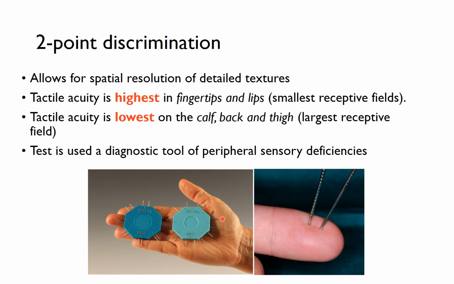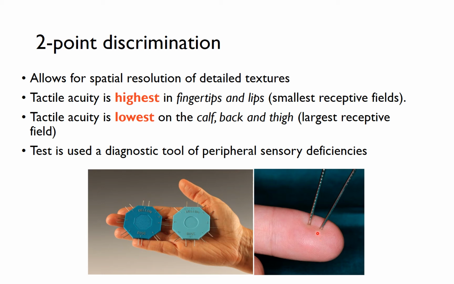You ask a patient or the test subject to close their eyes, and then you touch the two prongs, spaced a given number of millimeters apart, at the same time on the surface of the skin, such as what is shown in this right image here. And you ask the person, do you feel one prong or two prongs, one point or two points?